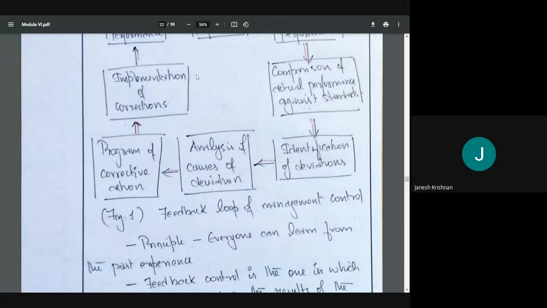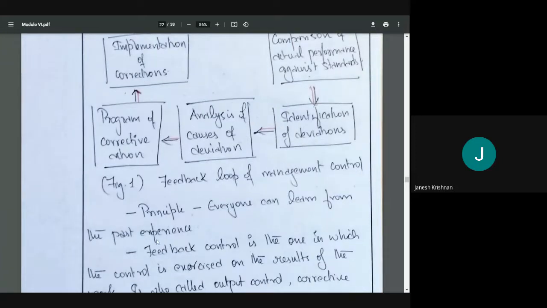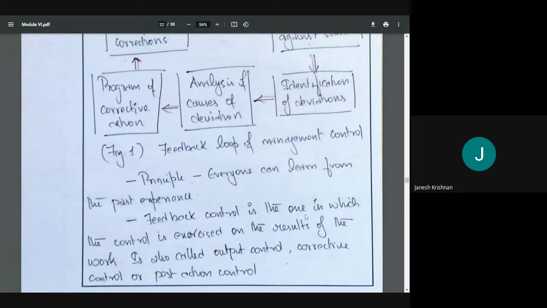The principle is that everyone can learn from past experience. Feedback control is the one in which control is exercised on the results of the work. We are basing it on the results. It is also called output control, corrective control or post-action control, because everything has happened, it is completed, and only then are we doing the analysis. That is feedback control.